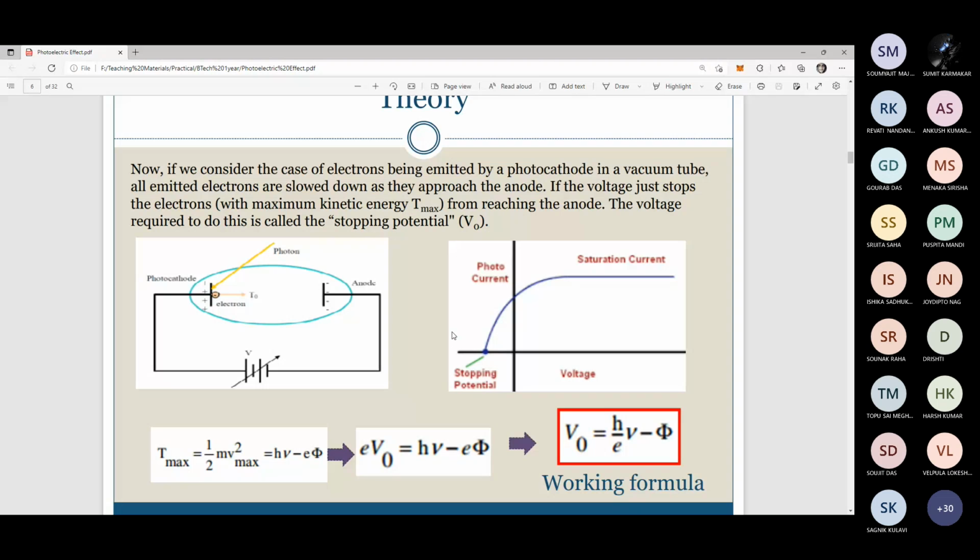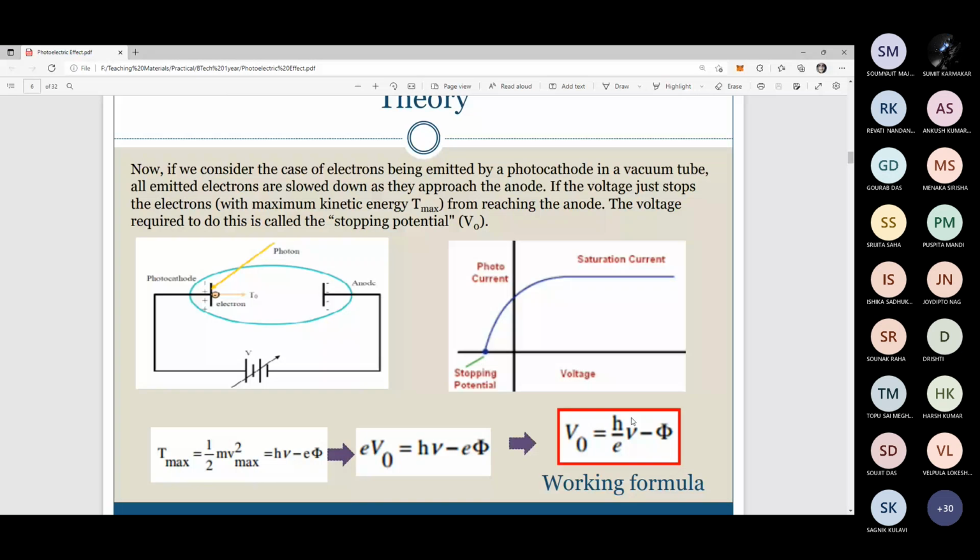Now we are basically interested in this region, right? If we consider this region, this portion is equal to phi minus phi, and if we calculate the slope of this, then the slope is h by e.